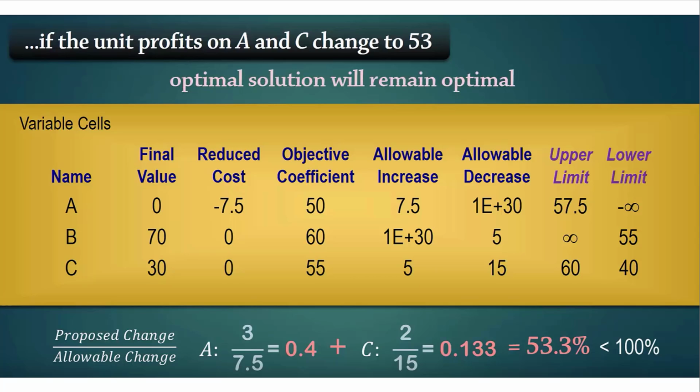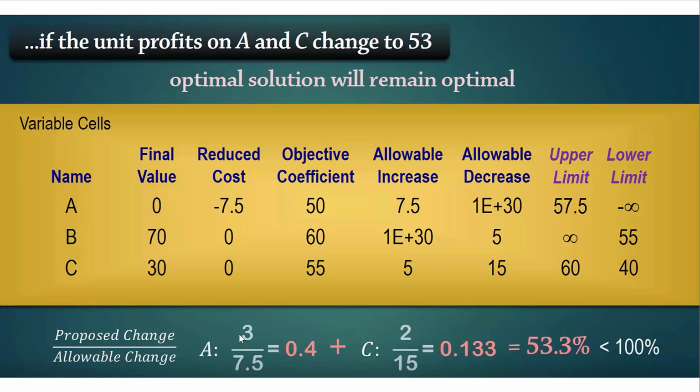First, the unit profit on A will change to 53. We know the unit profit of A is 50, so the proposed change is 3. The 53 minus 50 is 3, divided by the allowable change, which, as we see, is 7.5.